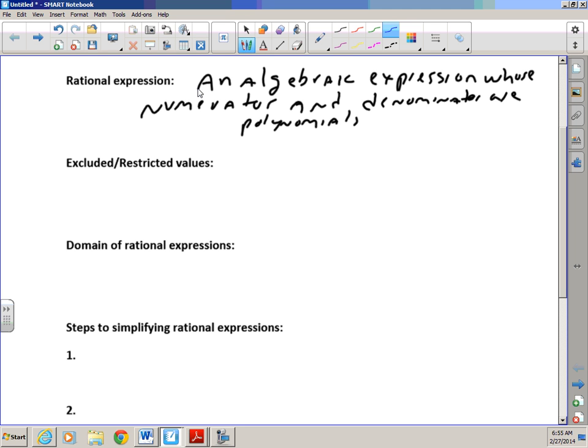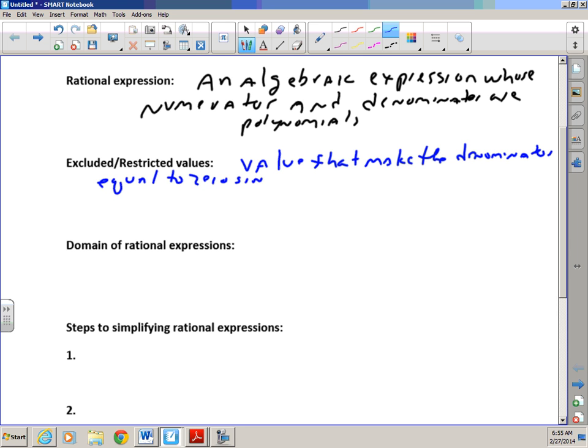In rational expressions, excluded or restricted values are values that make the denominator equal to 0, since that makes the expression undefined.